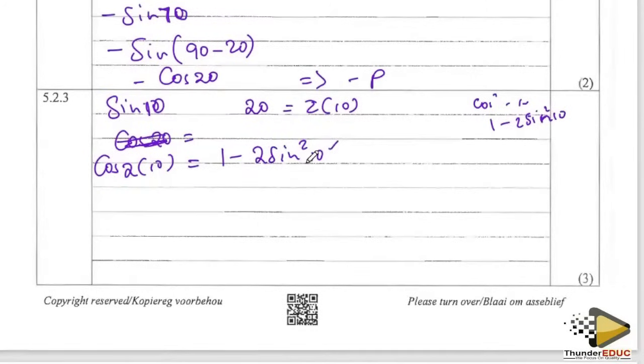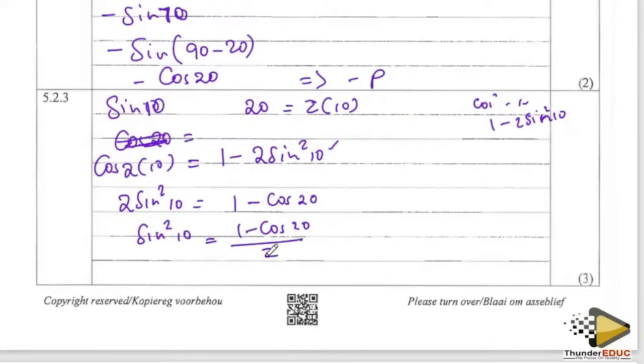If I try to make sine 10 the subject, let me just switch this so that I have 2 sine squared 10 is equal to 1 minus cos 20, because 2 times 10 is 20. Then I'll divide both sides by 2, so sine squared 10 is equal to 1 minus cos of 20 divided by 2.